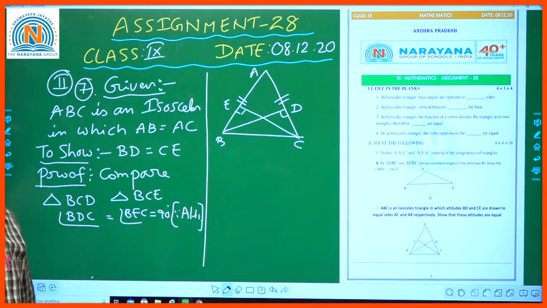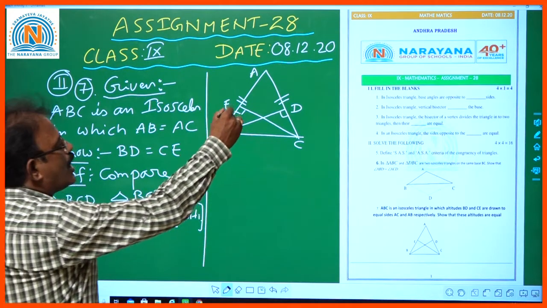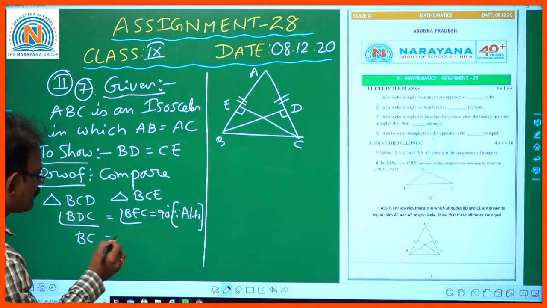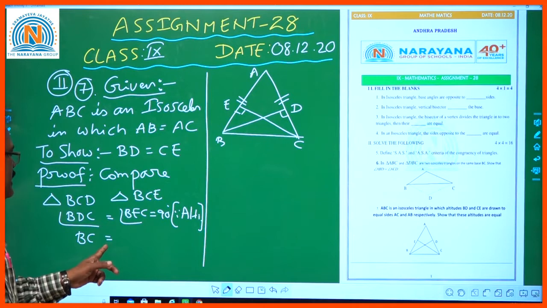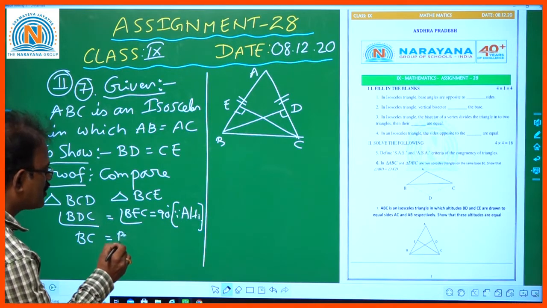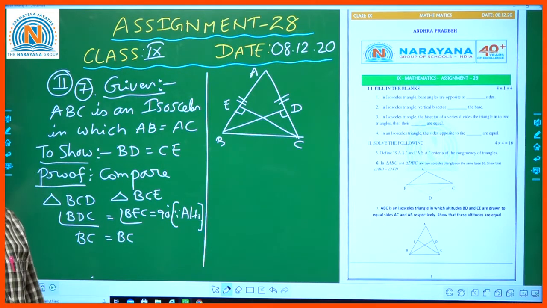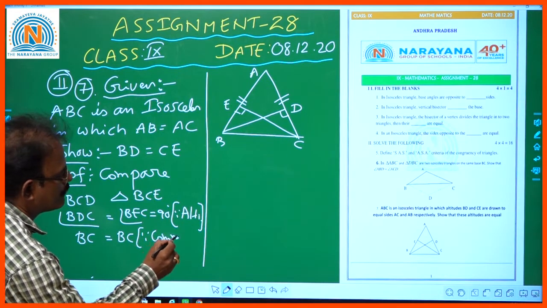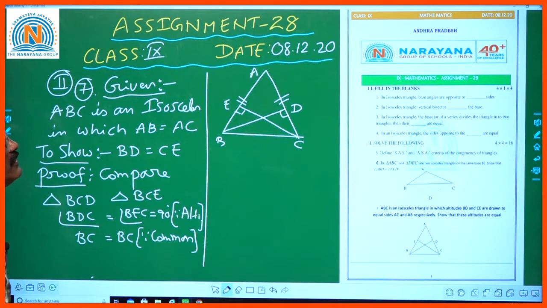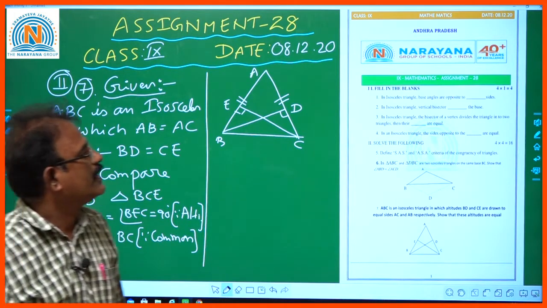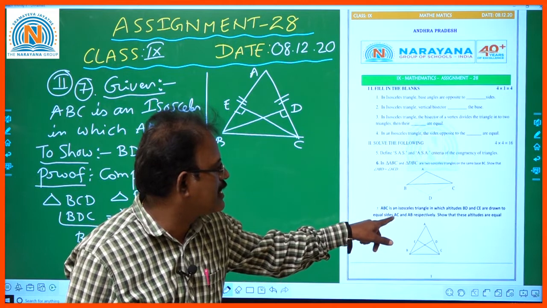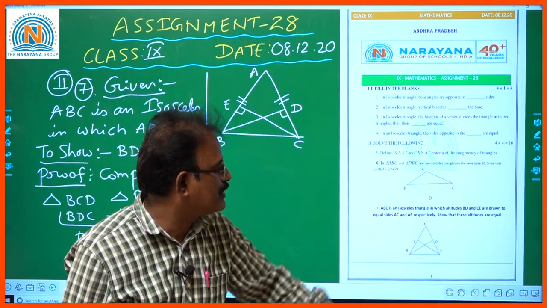Altitude makes 90 degrees with the base. Now opposite to 90 degrees is BC. So BC is a common side in both triangles. BC is equal to BC, since common.